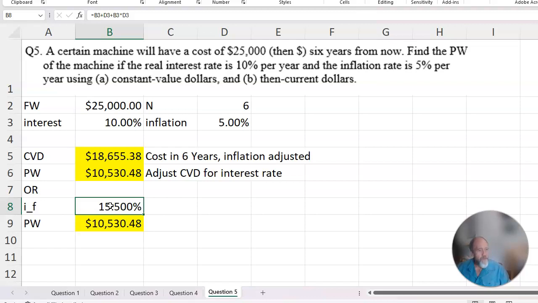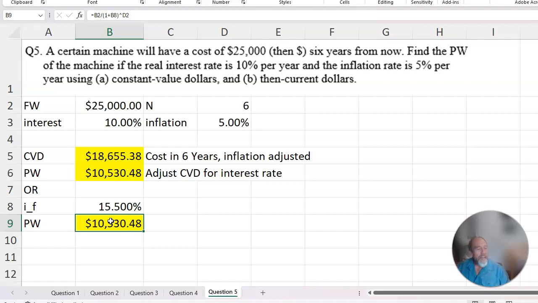It's the two rates added together plus the two rates multiplied by each other, which in this case gives you an effective interest rate of 15.5%, which, if you then apply to that original 25,000 and work it out, gives you exactly the same number as doing it separately.